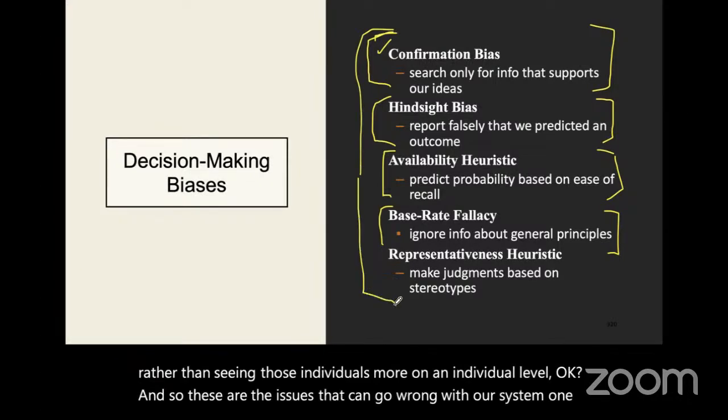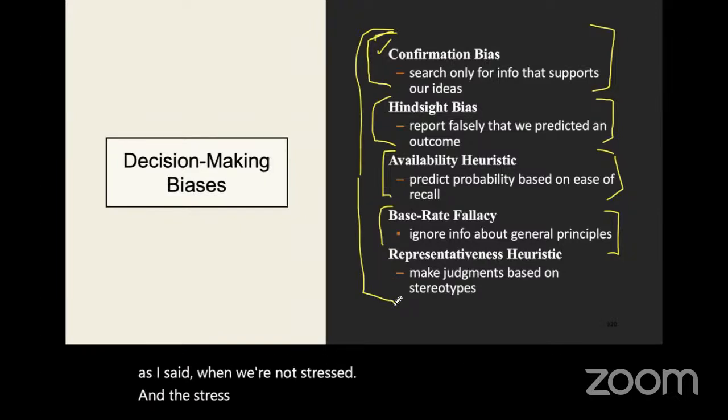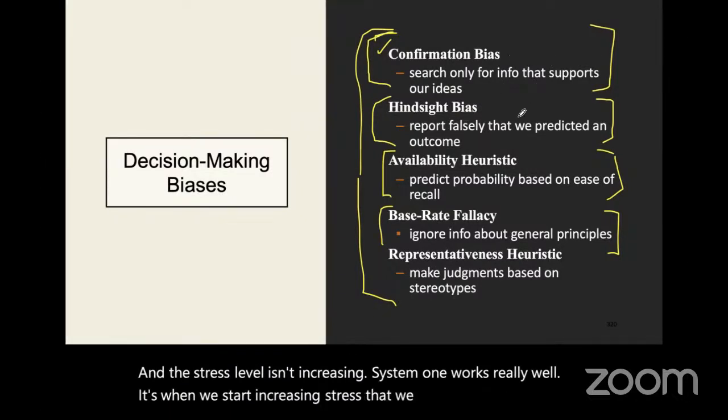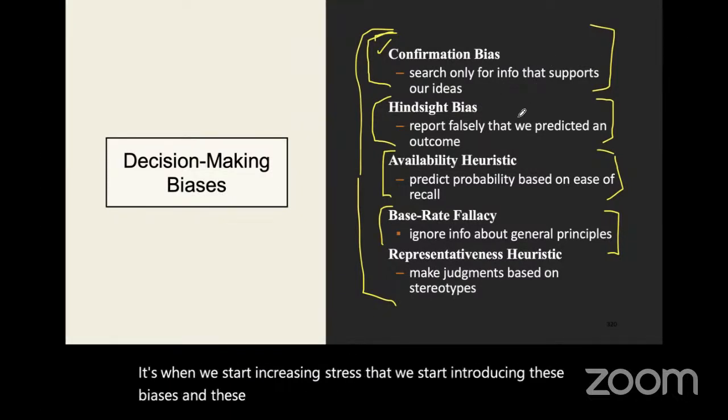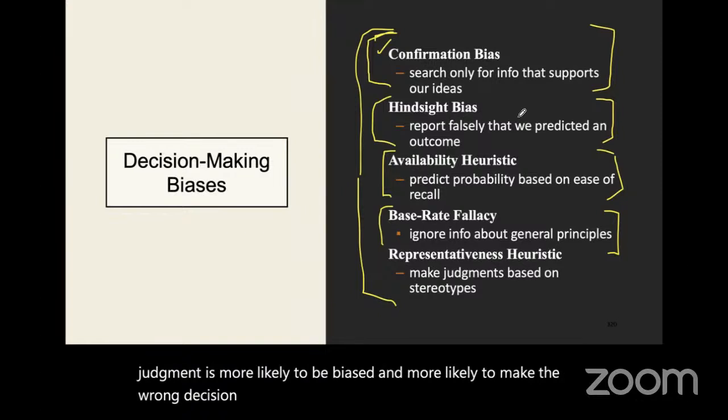As I said, when we're not stressed and the stress level isn't increasing, system one works really well. It's when we start increasing stress that we start introducing these biases and these heuristics and these fallacies. And that's when our judgment is more likely to be biased, and we're more likely to make the wrong decision based on analyzing things with system one, our rapid decision-making system, okay?